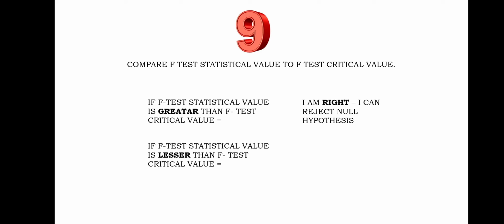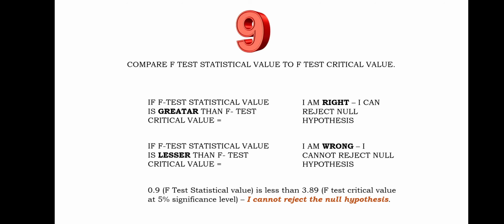It means your samples are right representatives of the population. If the F-test statistical value is lesser than the F-test critical value, you can say I am wrong and I cannot reject the null hypothesis. I still have to take more samples to prove myself right. It means population means of all three groups are the same. You have to believe that.